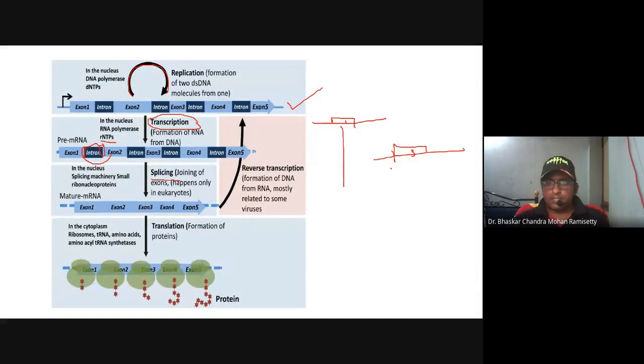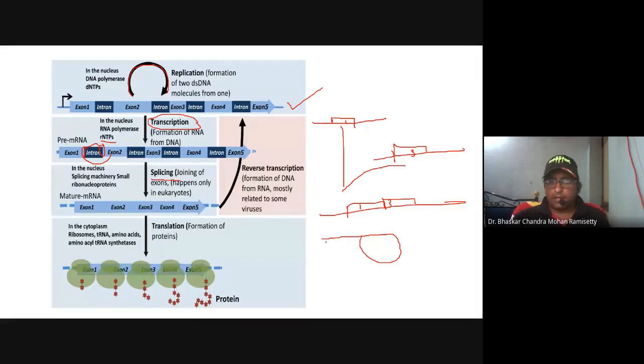If splicing happens between these two to join and make this, what do you call that phenomenon? If splicing has been made between two exons present on two different RNA molecules, what do you call that? That's right, it's called trans-splicing. Okay. What is a lariat? Anybody? What is a lariat?